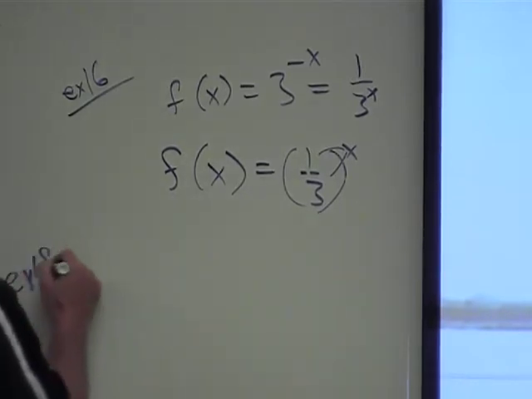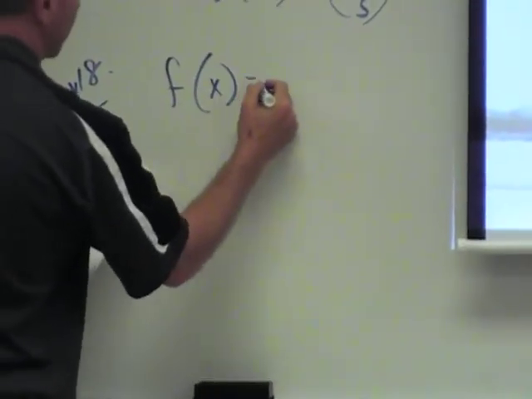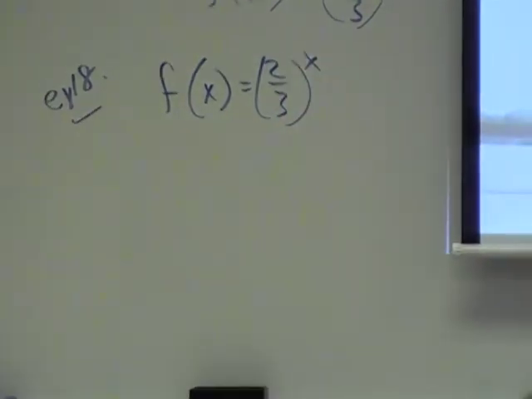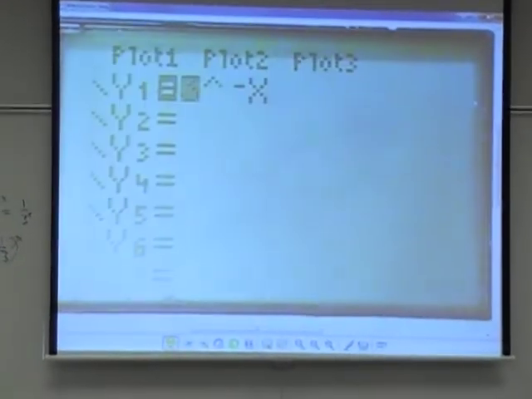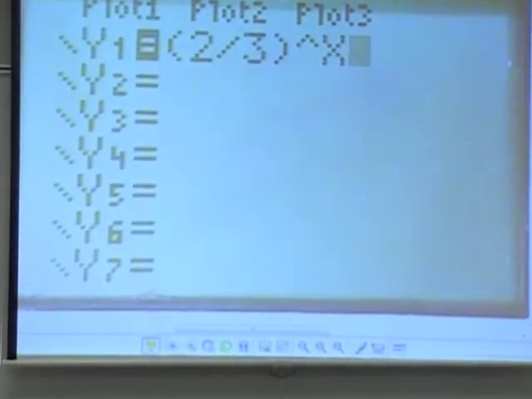Example 18. Everybody graph this. Clear that out. Graph 2/3 to the x. Graph 2/3 to the x, everybody. You'll need grouping symbols, just like that.